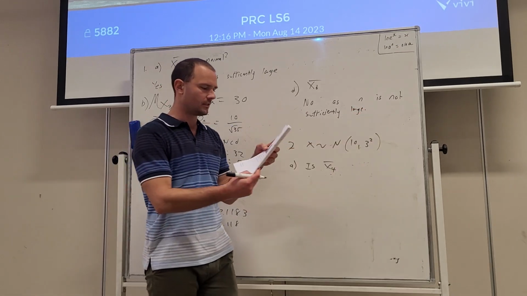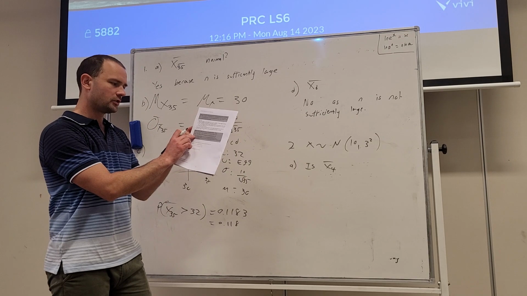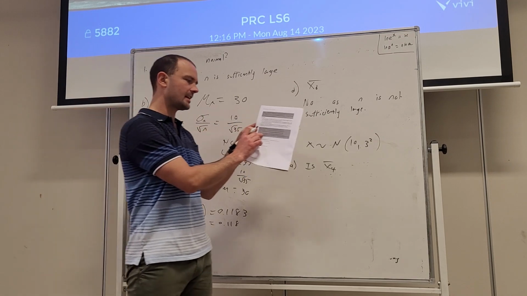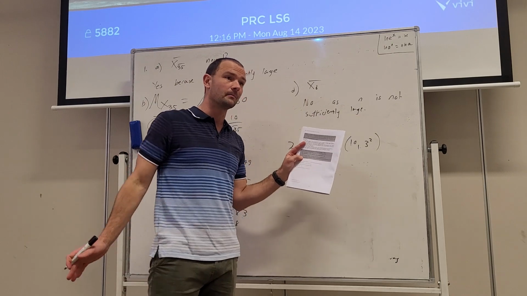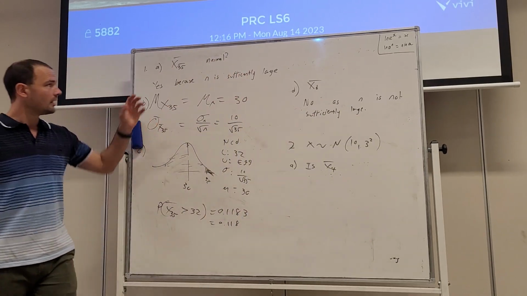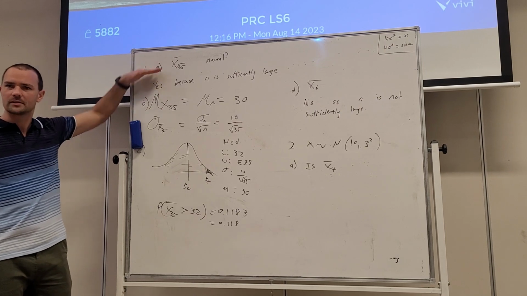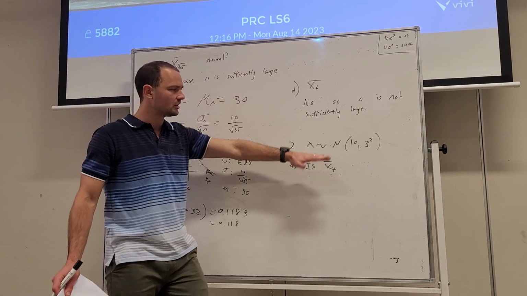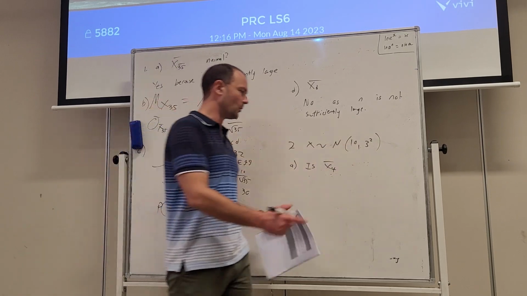All right, so that's the third dot point in our second box there. If x is normal, xn and sn are normal for any value of n. In the first question, x was not normal, and so that's why it did depend on the size of n. In the second question, x is normal, so it doesn't matter the size of n, xn is normal.